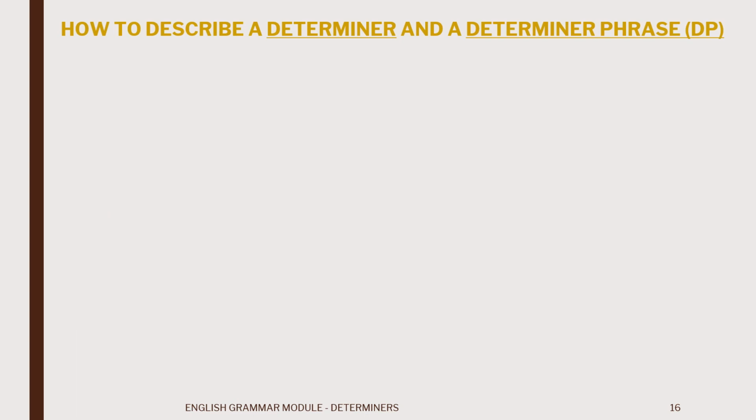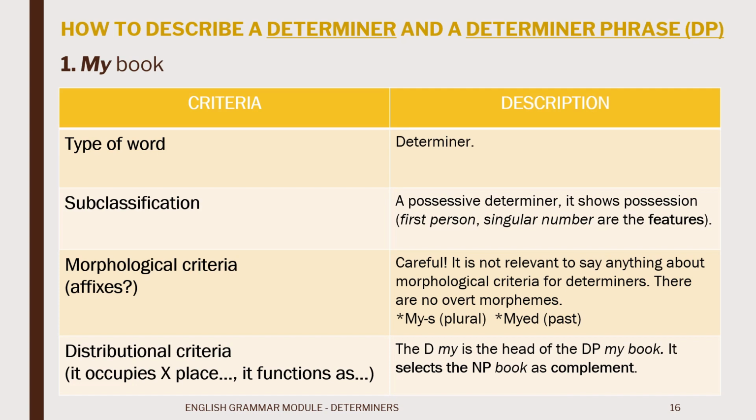So to describe a determiner and the phrase projected by a determiner, which is a determiner phrase, we need to use the general questions, but they need to be adapted in a way, as we will see in this chart. On the left, you have the criteria, okay? Criteria refer to the questions we use to describe, in this case, a determiner. Which determiner? My, because we are analyzing the determiner phrase, my book. So let's focus on the determiner my. If we need to describe the type of word it is, we can say that it is a determiner. You know that.